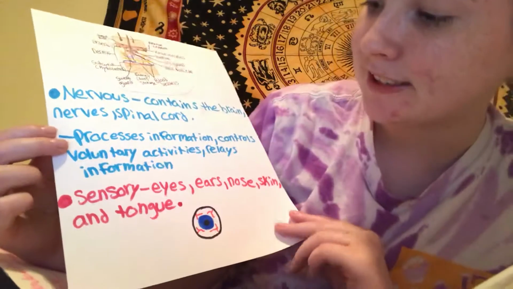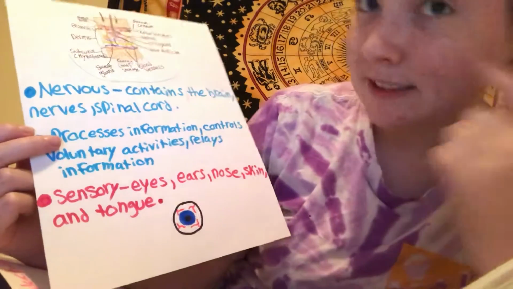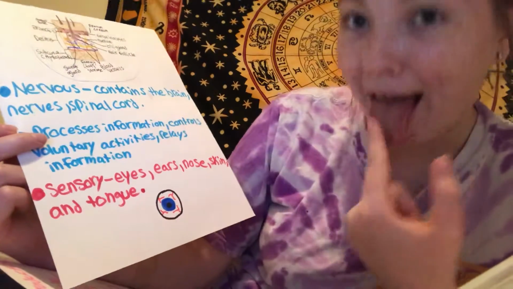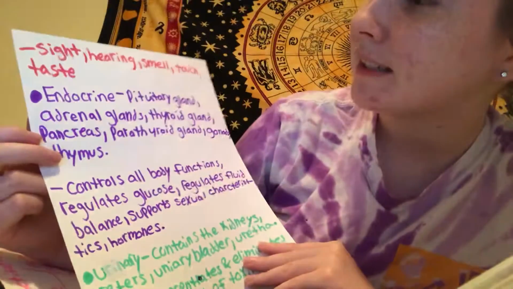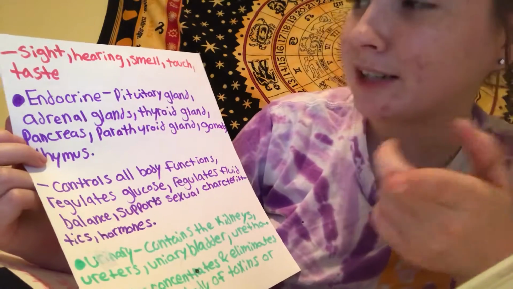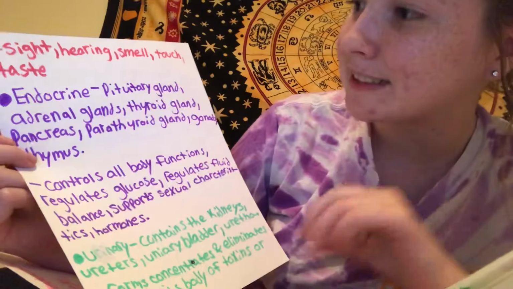The next system is the sensory system, which contains your eyes, ears, nose, skin, and tongue. And its purpose is to give you sight so you can see, hearing so you can hear, smell so you can smell, touch, and taste.